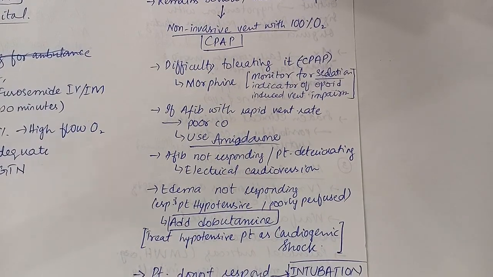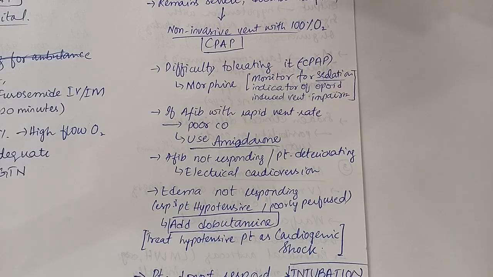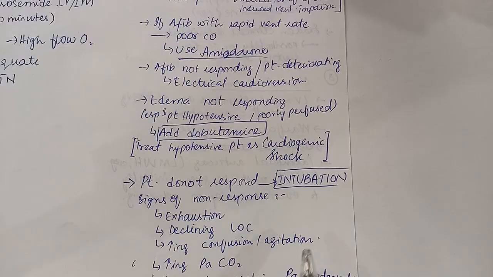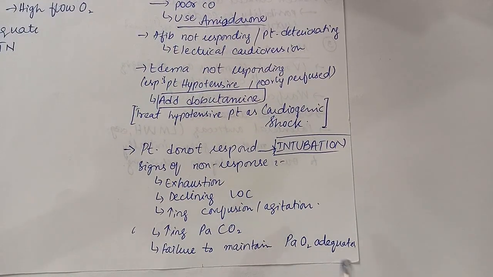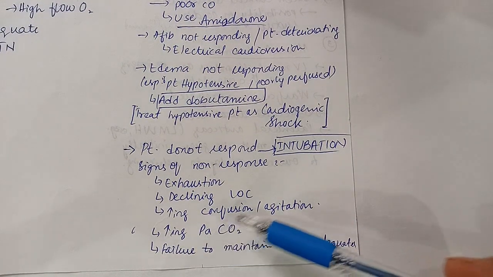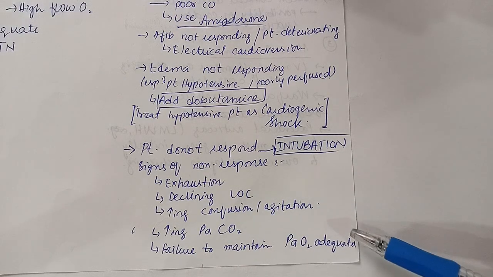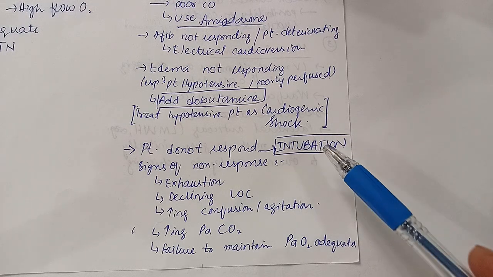The signs of non-response are exhaustion, decreased level of consciousness, increased confusion or agitation, increasing PaCO2, and failure to maintain partial pressure of oxygen adequately. Then we have to intubate the patient.